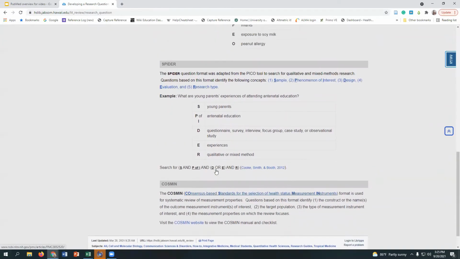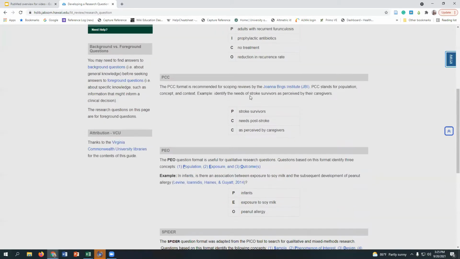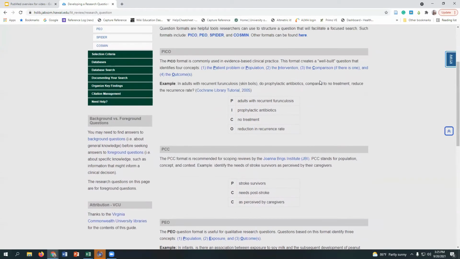And then this COSMIN. So depending on the type of literature review you are trying to do, one of these might be better. So SPIDER would be good for qualitative mixed methods research. PCC is good when you've got a broad topic. PICO, of course, is meant for clinical questions.